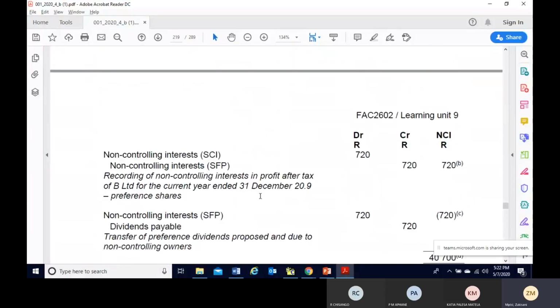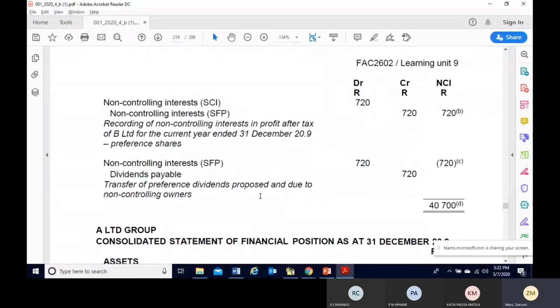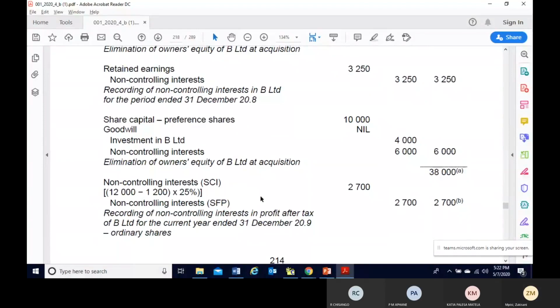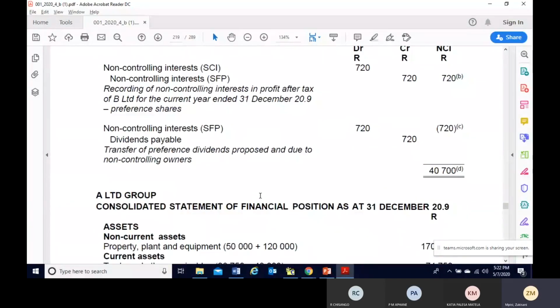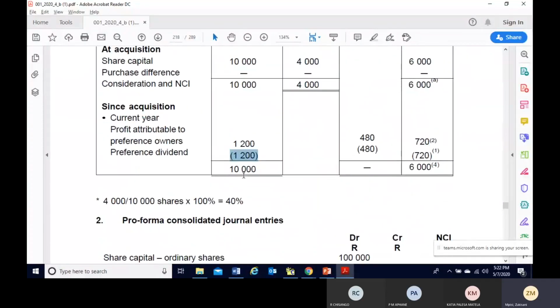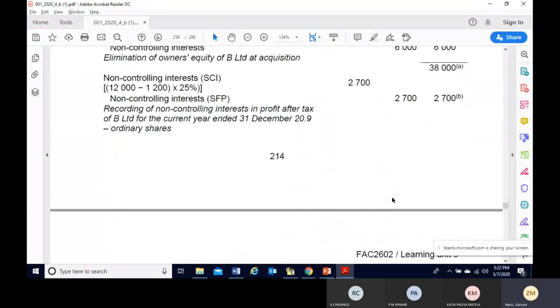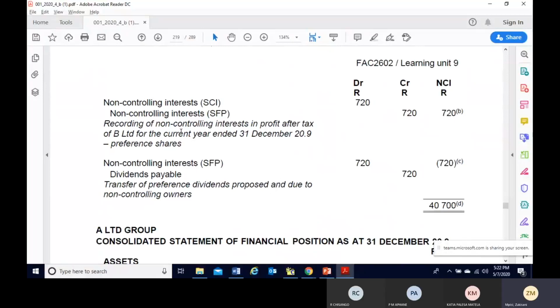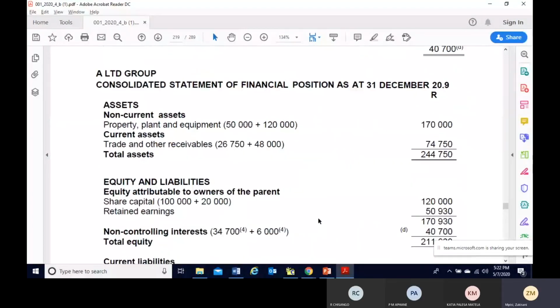And when you are doing your journal entries, for preference dividends, here was the preference dividends 408 and 720. You are going to say non-controlling interest first, 720, the profit, and then you're going to indicate that this has not been paid, it's proposed. So this is dividends payable of 720, and therefore also decrease the non-controlling interest.